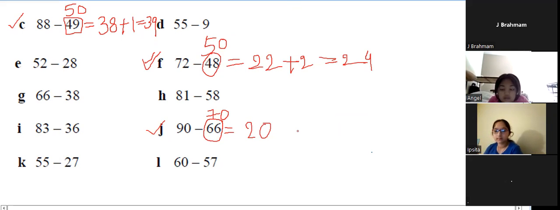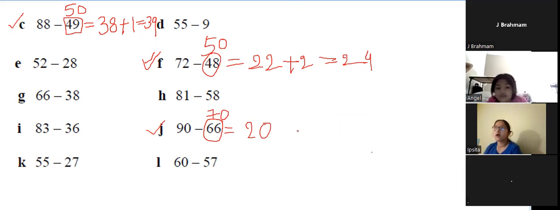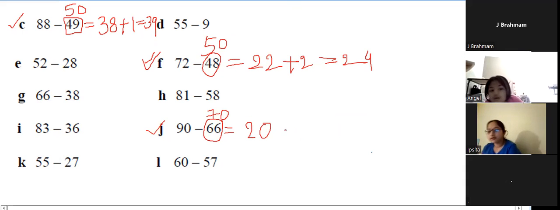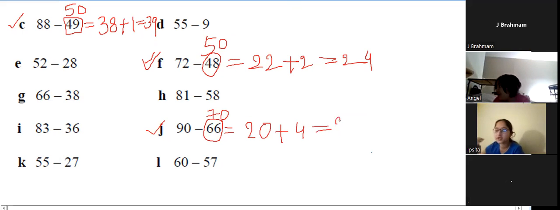You already took 4 extra. Instead of giving back, you are subtracting 4 more. Adding 4, it becomes 24.